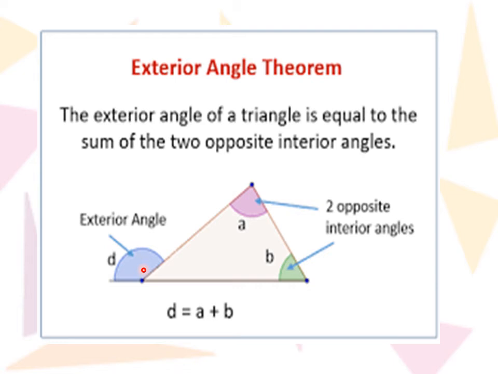The value of this angle is equal to the sum of the two opposite interior angles. Interior means it is inside the triangle, and this is outside the triangle. So here we see D is equal to A plus B. Now we are going to see in the next slide how we can prove this theorem.